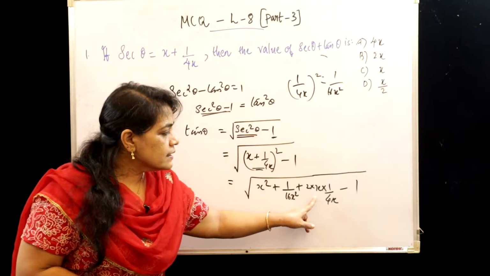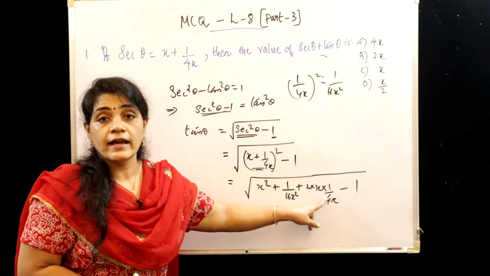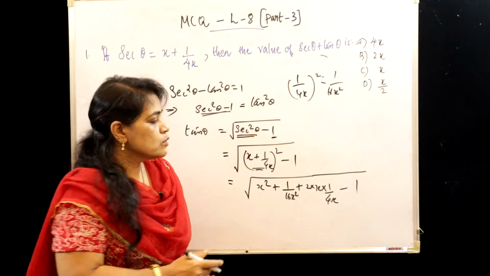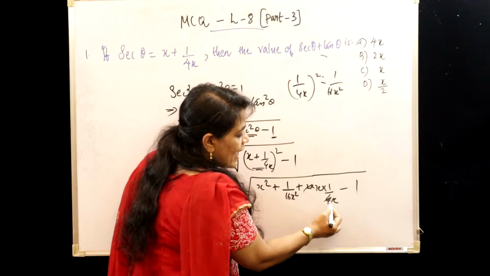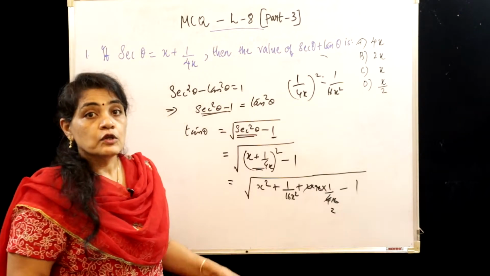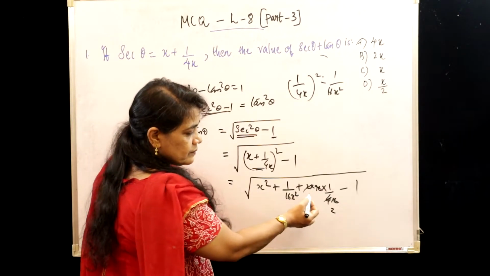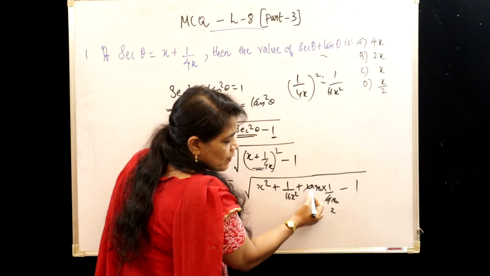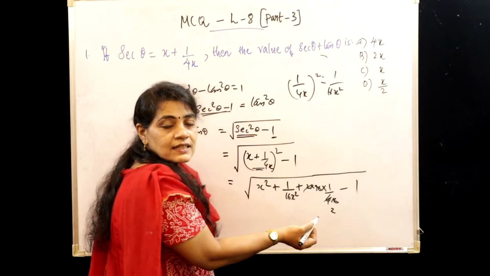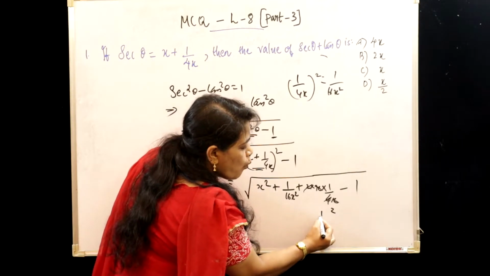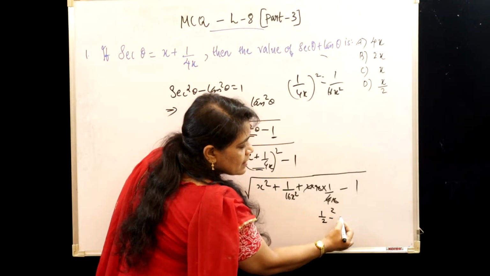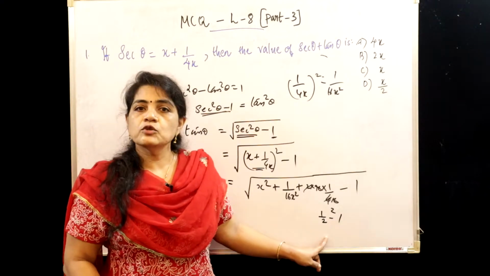Clear? See, children, the third term is 2ab, 2 into x into 1 by 4x. This 2 cancels with the 4 in the denominator, two times, and x and x get cancelled. So we will have 1 by 2, and this minus 1. What is 1 by 2 minus 1?